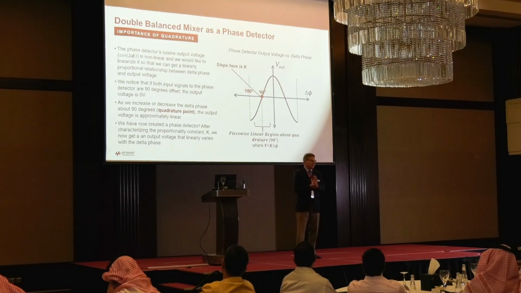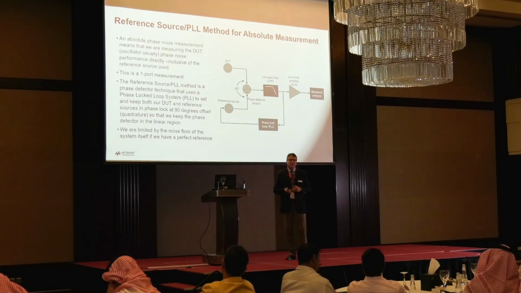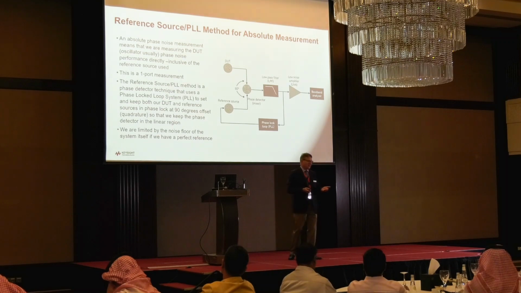And that's what's called the quadrature point, or keeping that source in quadrature with my test signal. And so to do that, we use a PLL, phase lock loop design, to make sure that our reference source is tuned at the exact same frequency and at a 90-degree phase offset on a time continuous basis relative to my device under test. And that's what's shown in that architecture here.